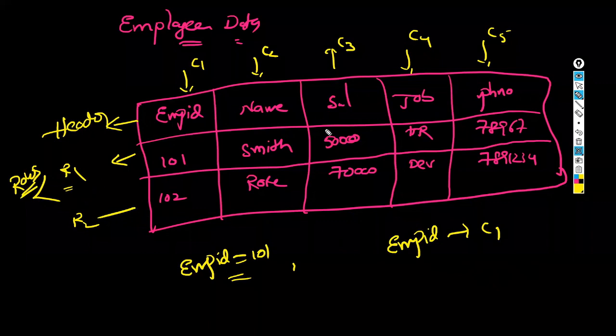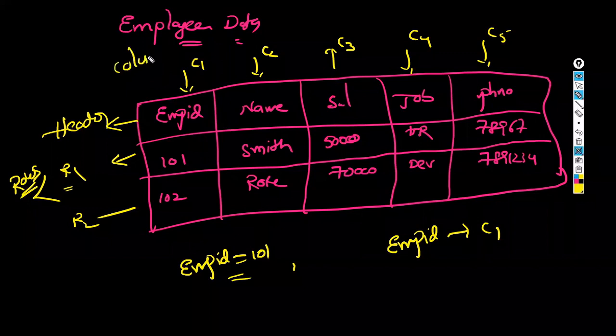So the rows always indicate complete information regarding a particular record. But when we want to display all items of data, that means a particular column of data, or a particular group of data, in those situations we can use the columns.